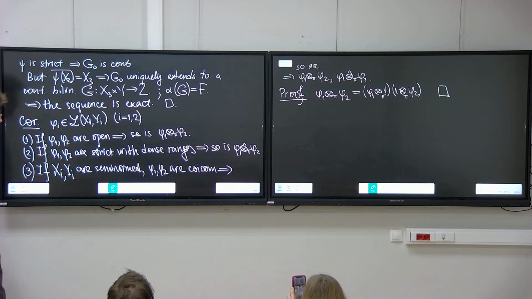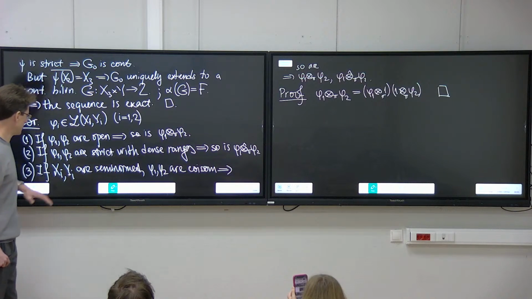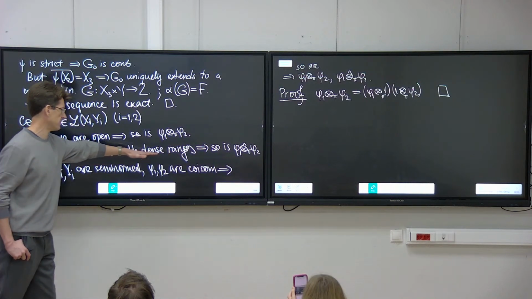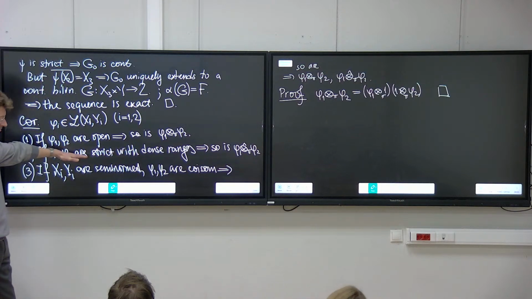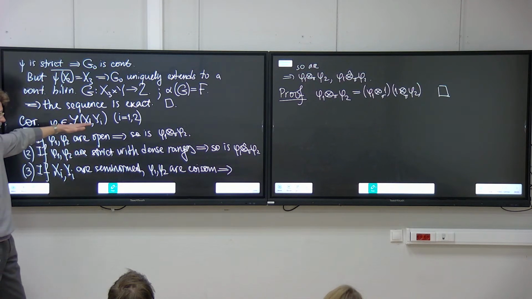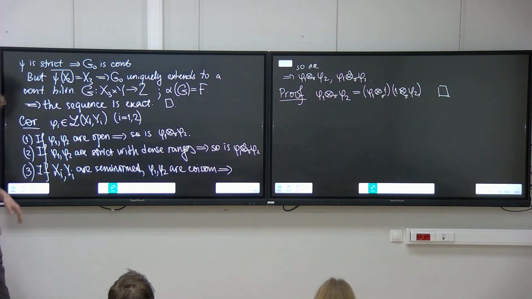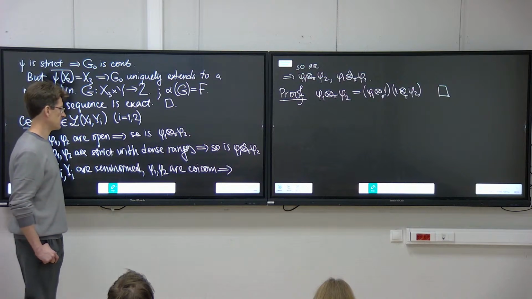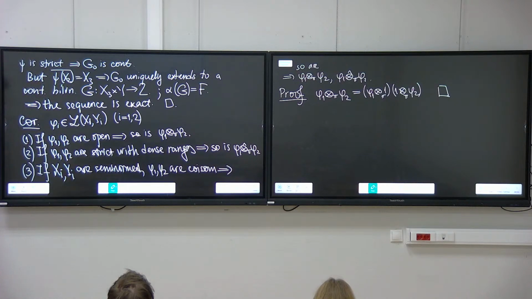But again, it's easy to see that if we first replace Xi and Yi by their completions, then this property of our maps is preserved. So if they are strict between X1 and Y1 and X2 and Y2, then their extensions to the completions will also have the same property. So we may simply apply our previous proposition to the completions of our spaces. And the same holds in case 3.